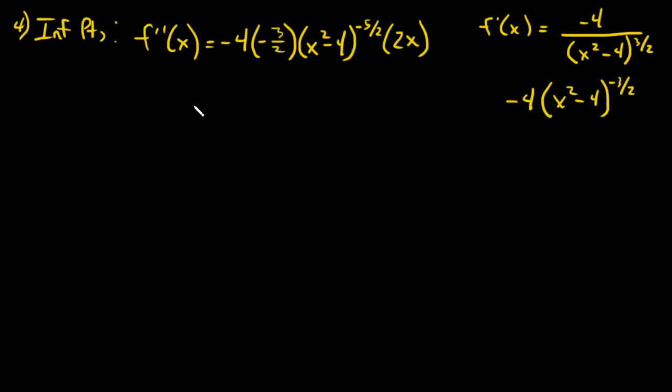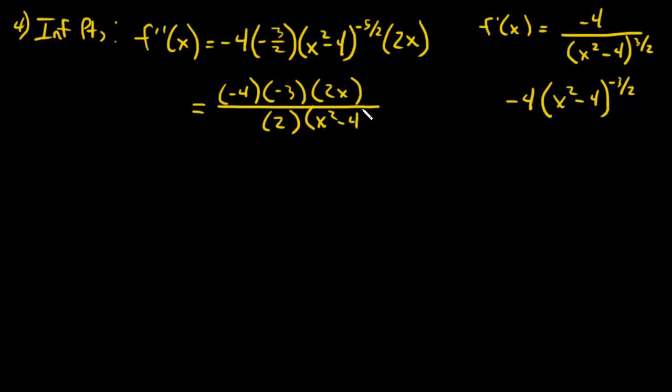So if I rewrote it kind of like how it really looks, it's going to be a negative 4 times a negative 3 times 2x, and then all of that is over 2 times (x squared minus 4) to the positive 5/2 power.